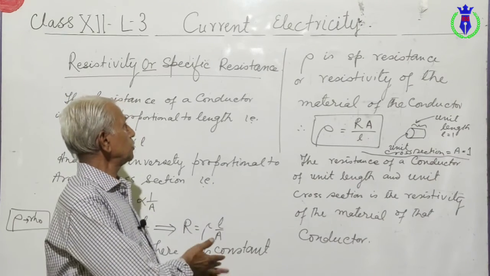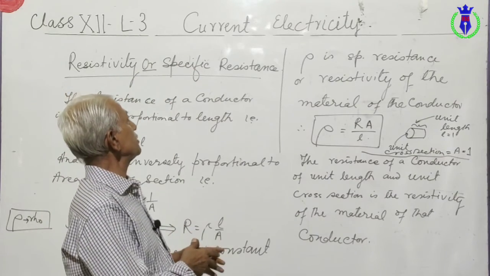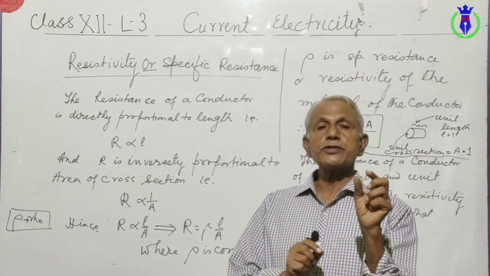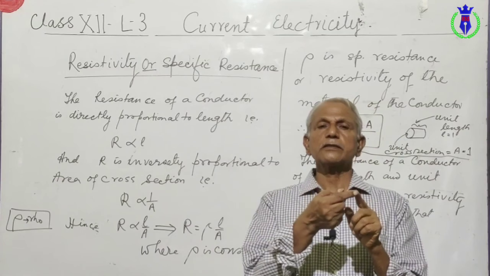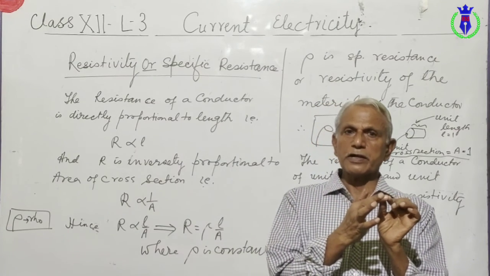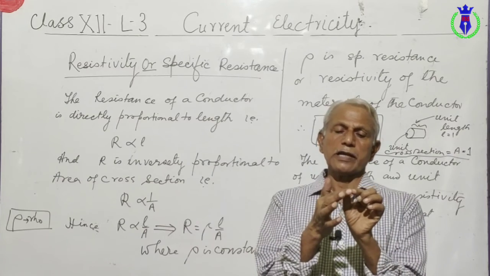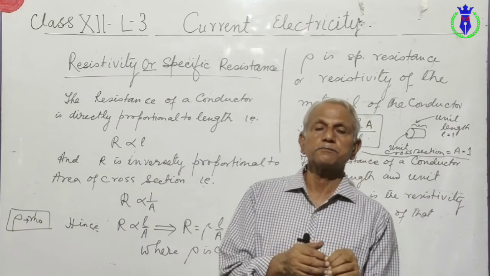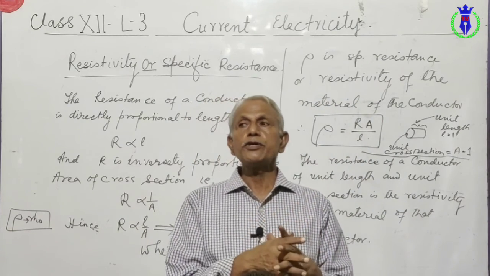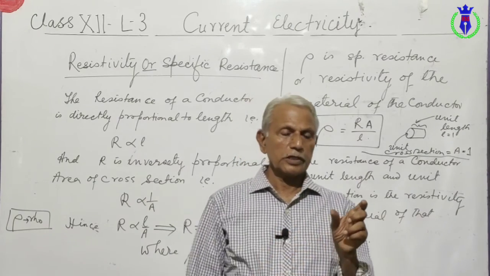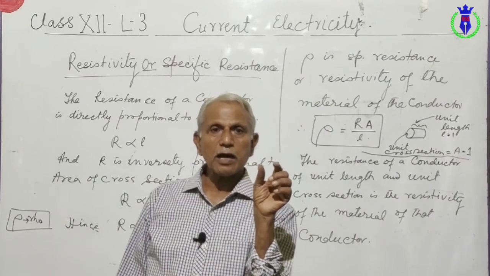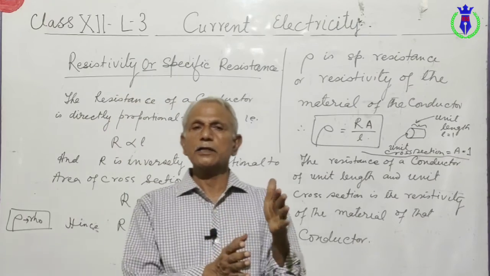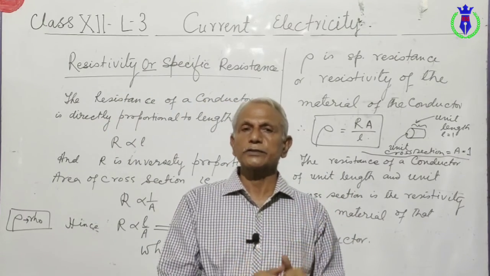So specific resistivity or specific resistance is the resistance of a piece of conductor having unit area and unit length. You can say this is the resistance of a unit cube, the cube of the unit length. It is the resistance of the cube of the unit length. So because the cube has the unit area and also has the unit length.